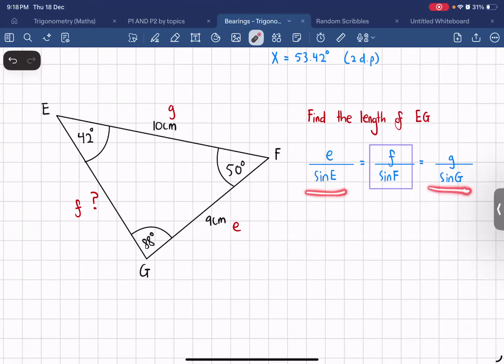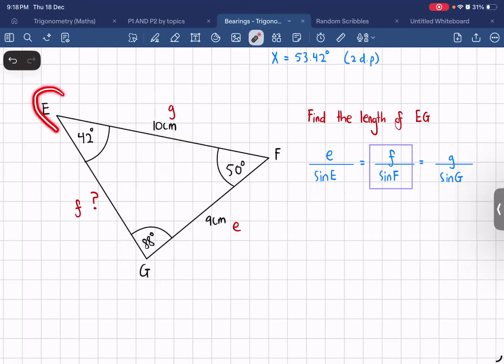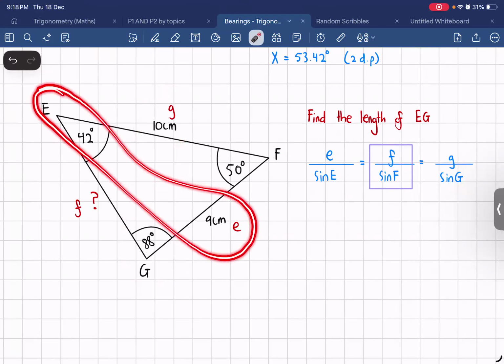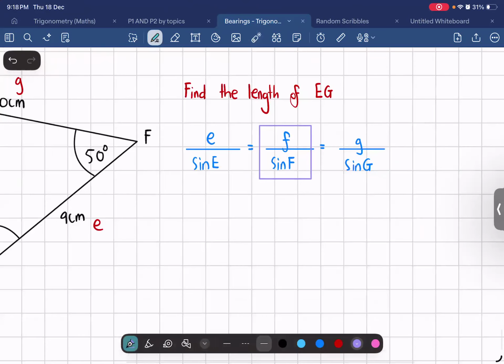Because do we have a pair of information for G? Yes. Do I have a pair of information for E? Yeah. So realistically, I could pick either this one or this one. So I'll make a little note about that.